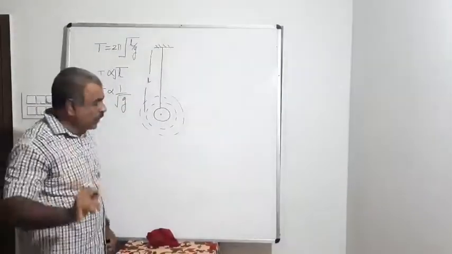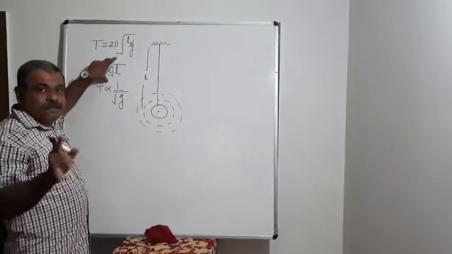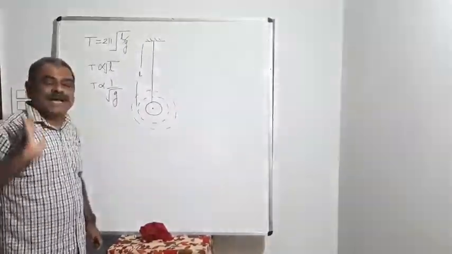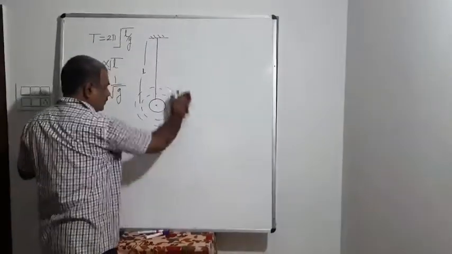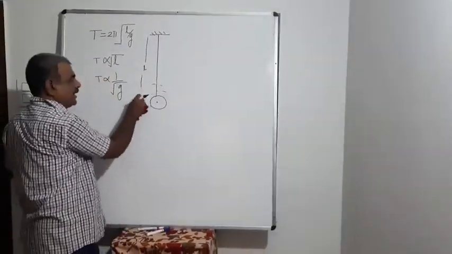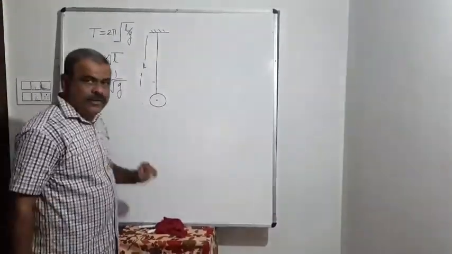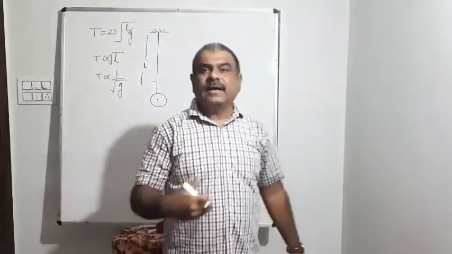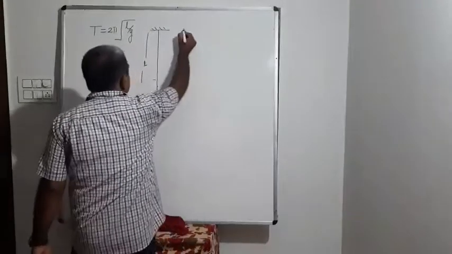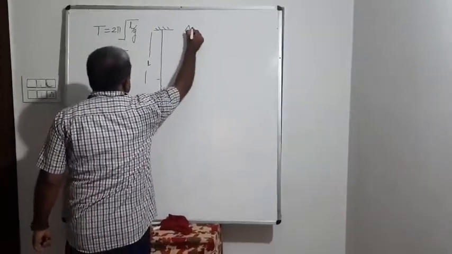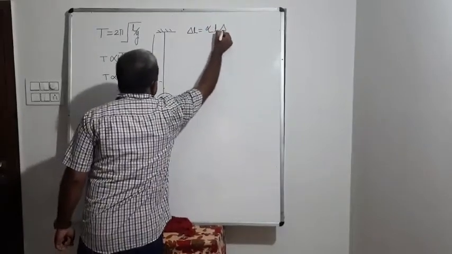Second, sometimes this concept will be clubbed with thermal expansion. How? Let's say this pendulum is of metallic wire. The string of pendulum is of metal wire. In case of metal, we know that as temperature increases, it has thermal expansion, and change in the length of metal delta L is equal to alpha L delta theta.